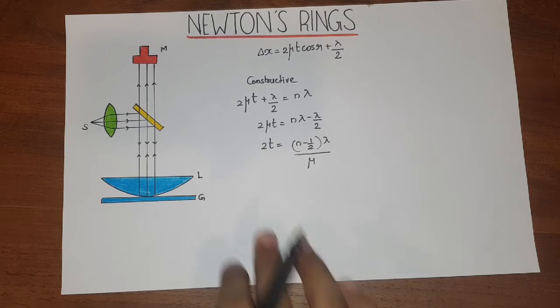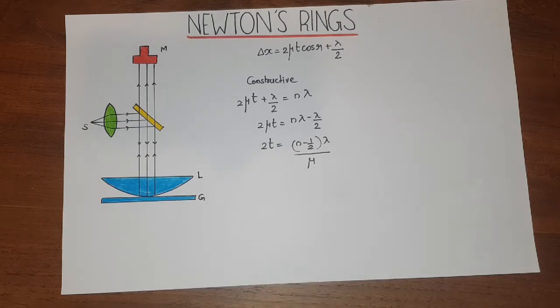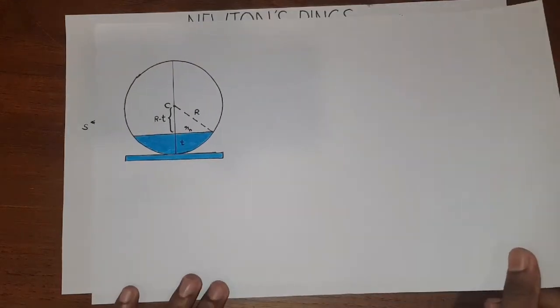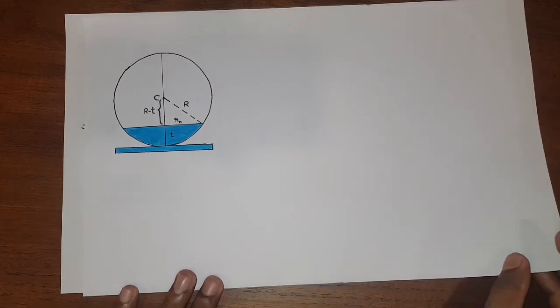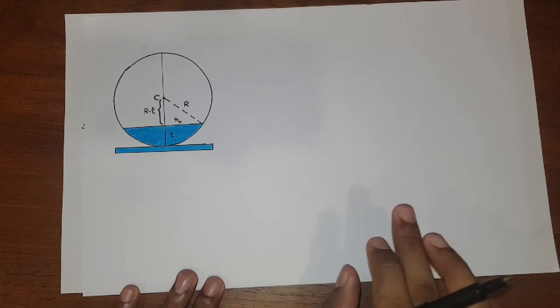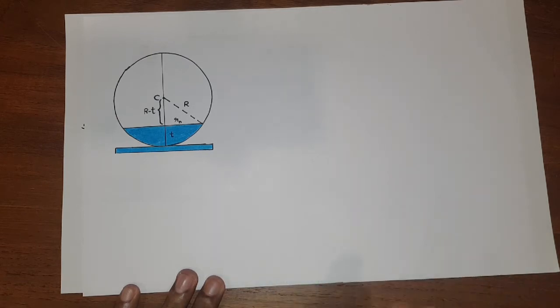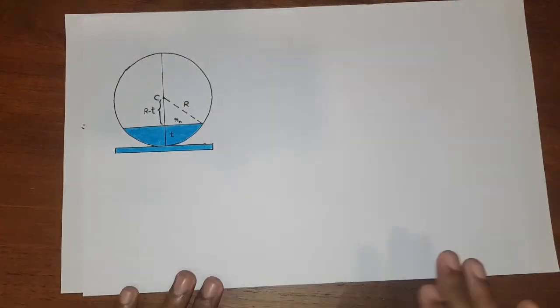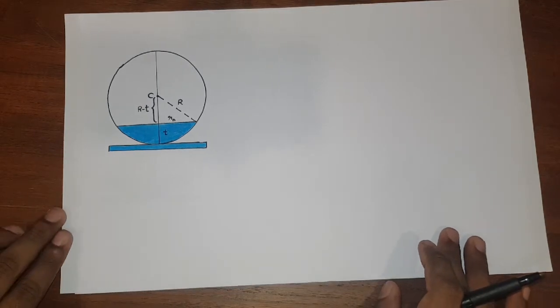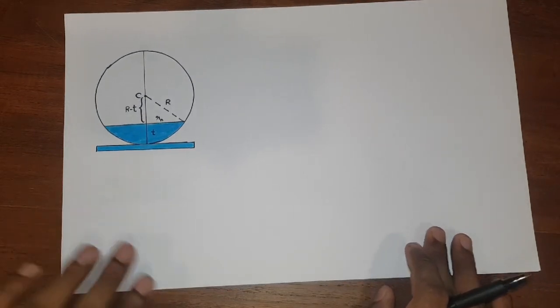A similar thing has to be done here. But here, instead of measuring the position, we are going to measure the radius, or I can say that instead of using the thickness, now I am going to convert thickness into a radius format so that it is measurable with the help of a traveling microscope.